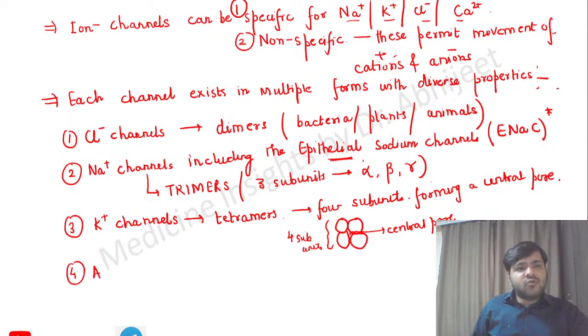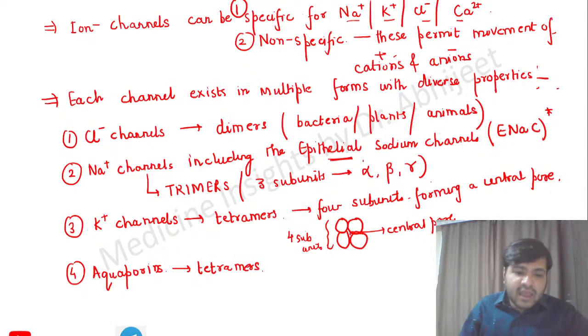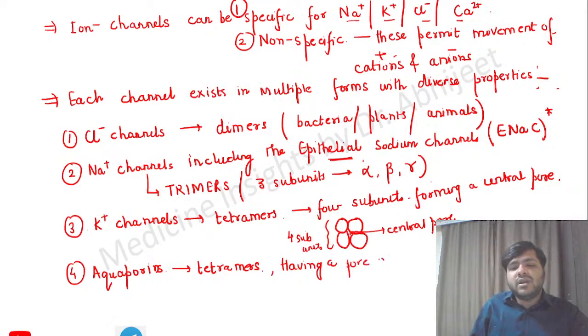Then we have aquaporins. So basically these are also tetramers, and these are basically having a pore in each subunit.